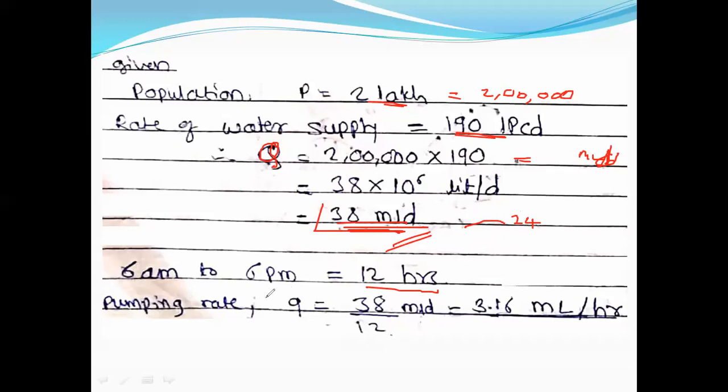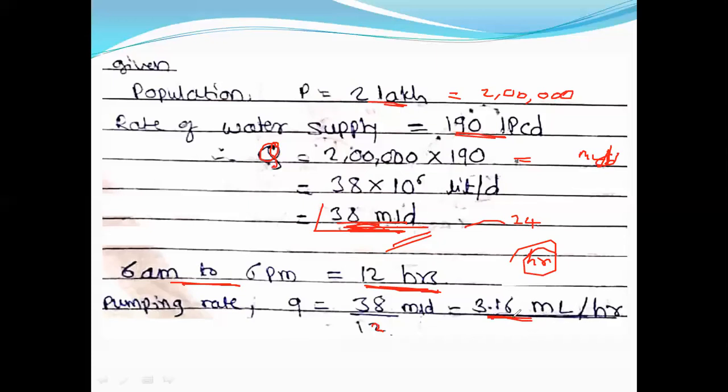Then here this water will be supplied within this hour. It has been given in the problem. Then to provide this much quantity of water within 12 hours, per hour how much water has to be supplied? So 38 divided by 12, you will get here 3.16 million liters per hour.